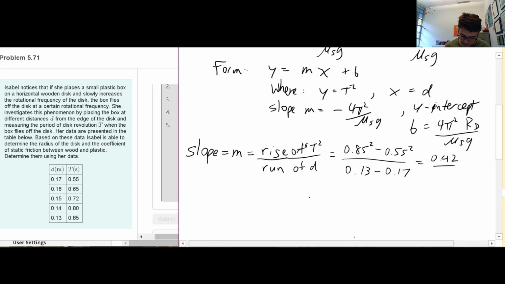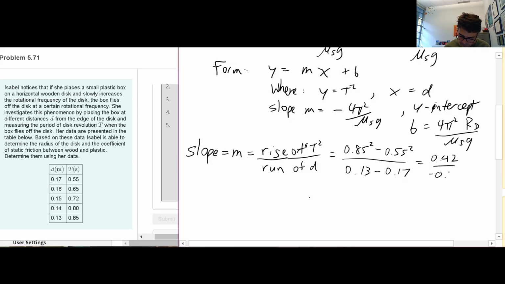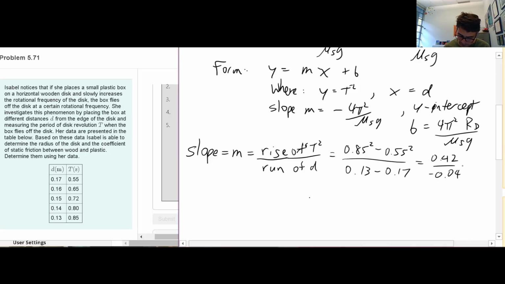That's the rise divided by the run, which is negative 0.13 minus 0.17. It's going to be negative 0.04. So 0.42 divided by negative 0.04 is equal to negative 10.5.